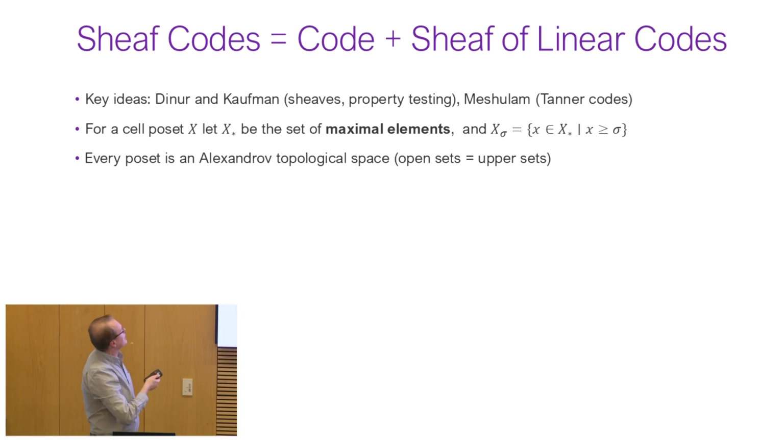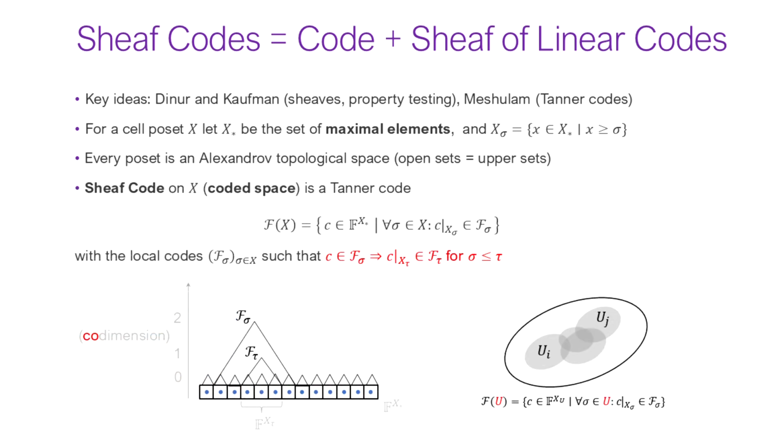You can interpret this cell poset as a topological space, because every poset is an Alexandrov topological space, where the open sets are the upper sets of this poset. And so we can define a sheaf on this topological space.